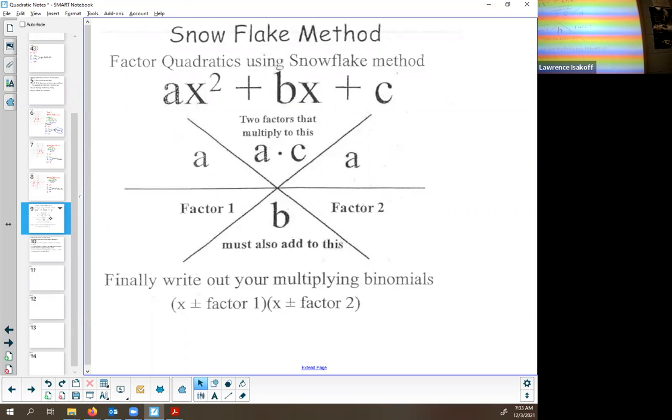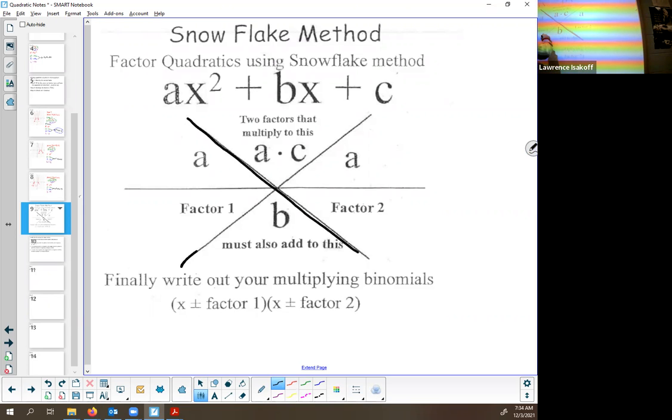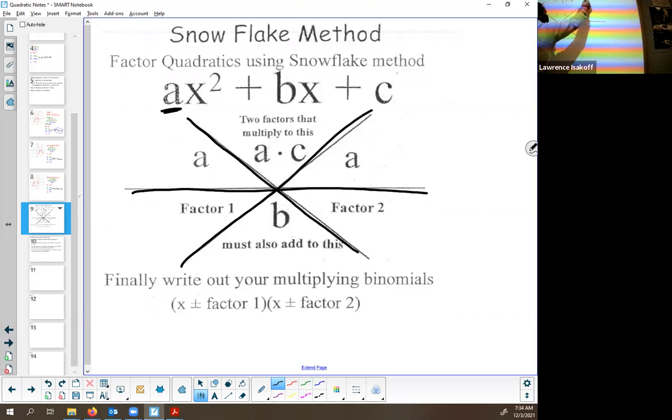Now we're going to start when a is always 1. So with the snowflake method, here's what I do. I usually start by actually drawing this snowflake here. So then what I say is, okay, I need to multiply A and C together.